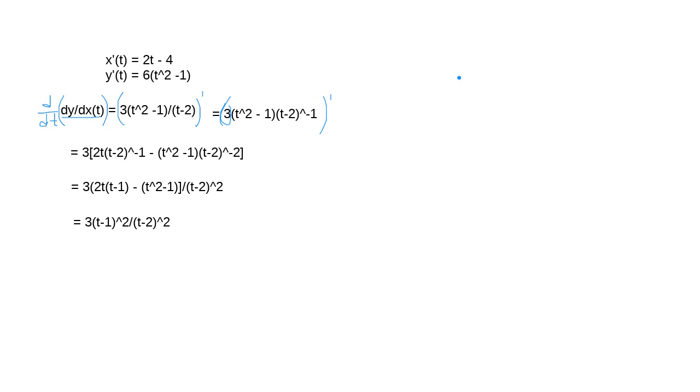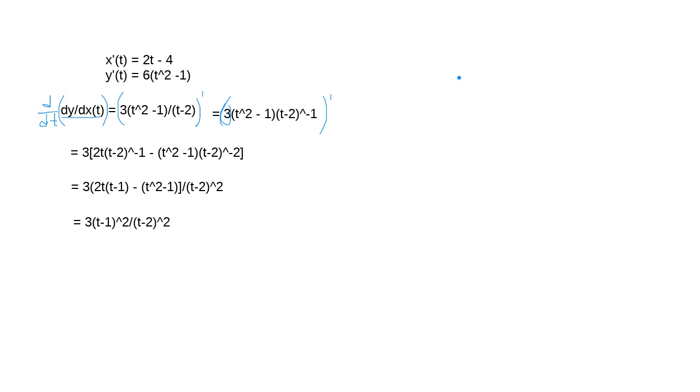Then I need to find d squared y divided by dx squared. That's d over dt, over dx over dt, of dy dx of t, if you want to think of it as a function.